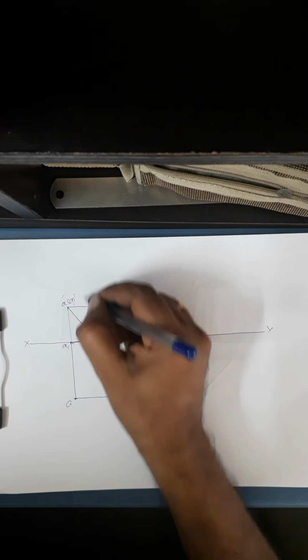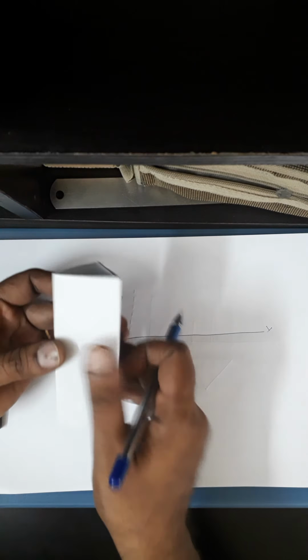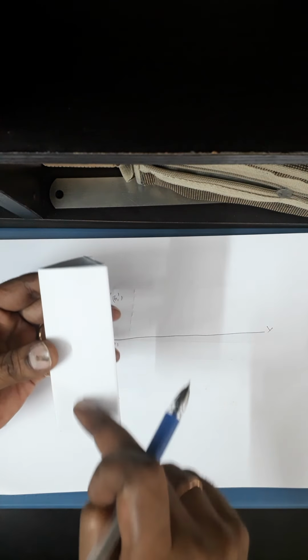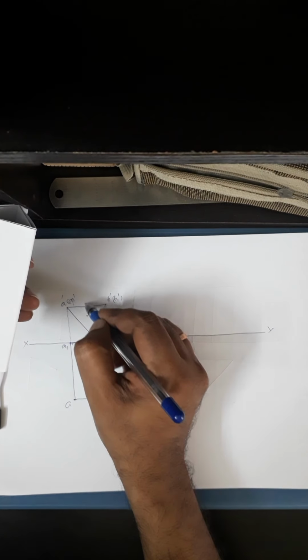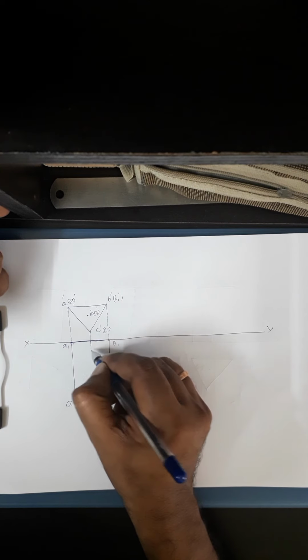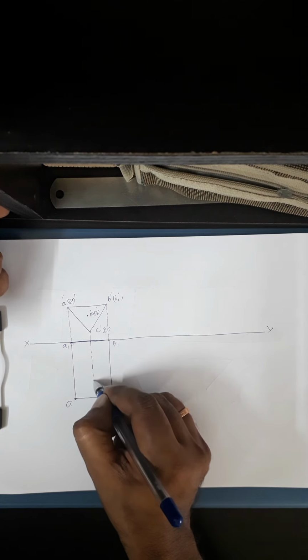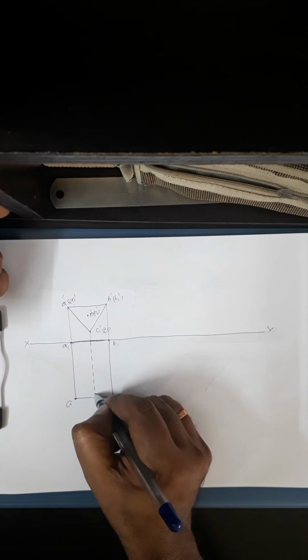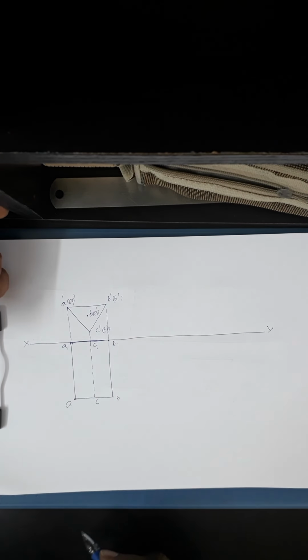Whereas C1 you cannot see, because this edge is exactly behind this one. You have to pass through the solid to see that, so it becomes the invisible edge. In that case, I draw it with a dotted line. And this becomes C1 and C.